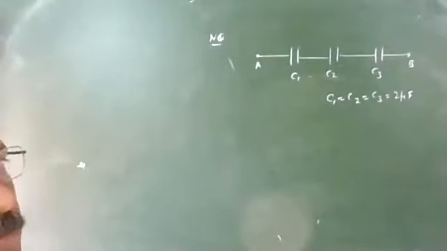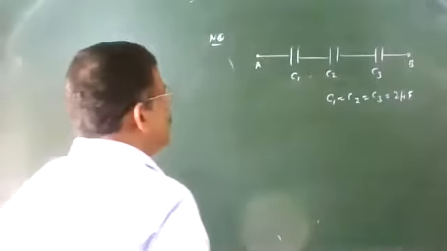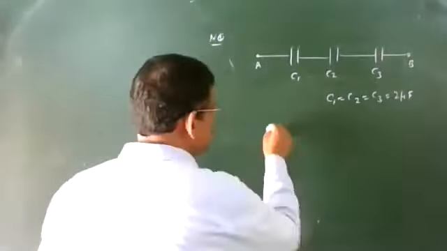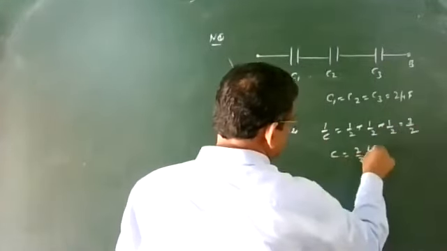What is the equivalent capacitance between A and B? All are connected in series. 1 by C equals 1 by 2 plus 1 by 2 plus 1 by 2, that is 3 by 2, so C equals 2 by 3 microfarad.